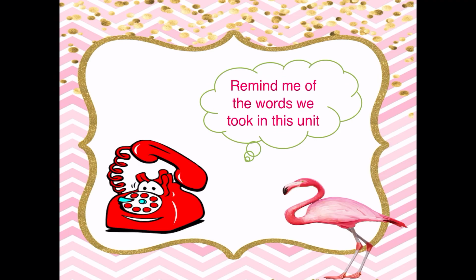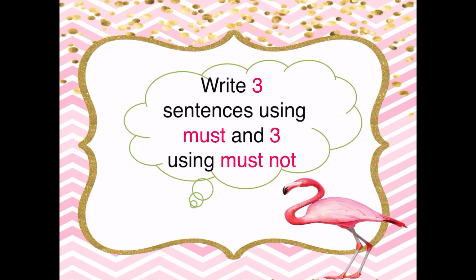S-I-N-K. And the second word is telephone. Excellent. Who can give me the spelling of the word telephone? T-E-L-E-P-H-O-N-E. Now write 3 sentences using must and 3 sentences using mustn't.